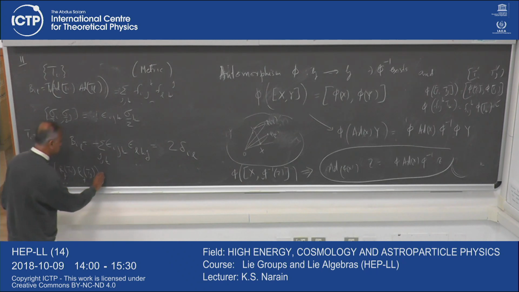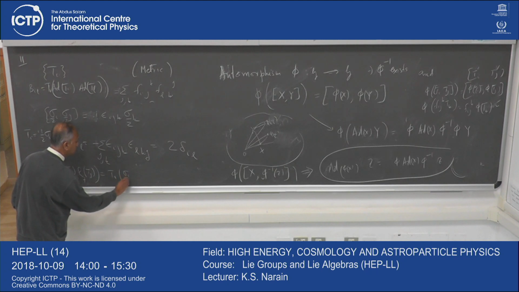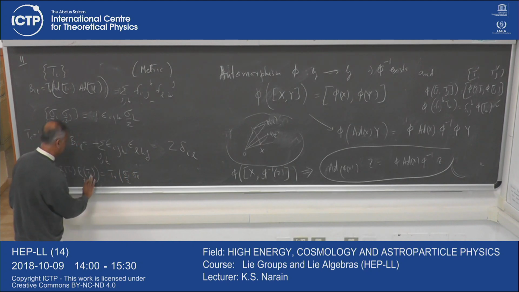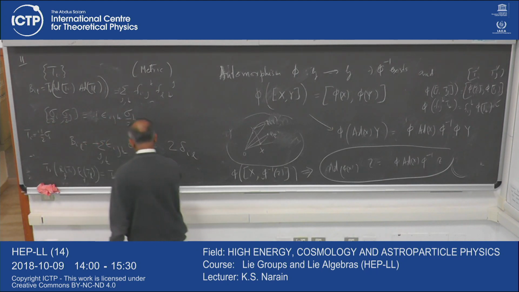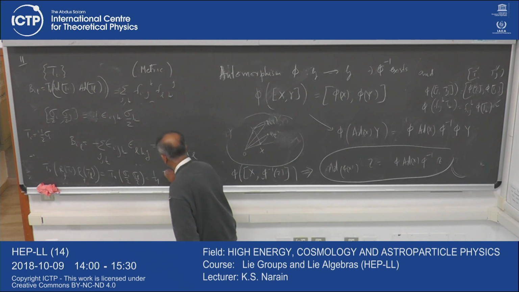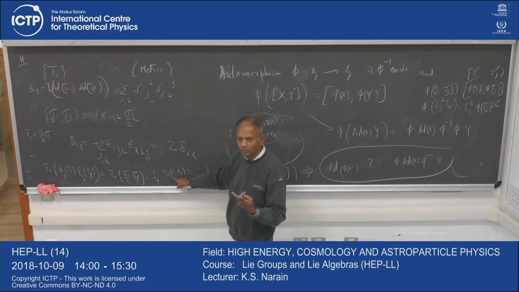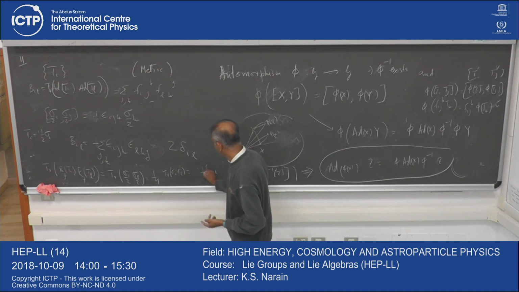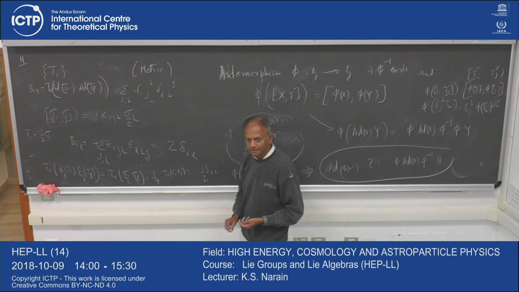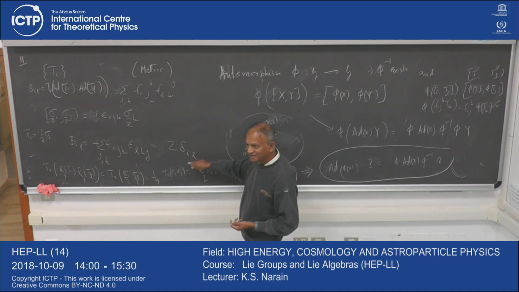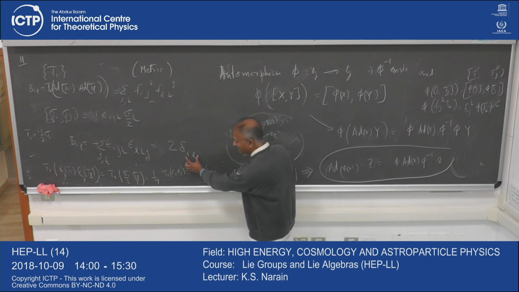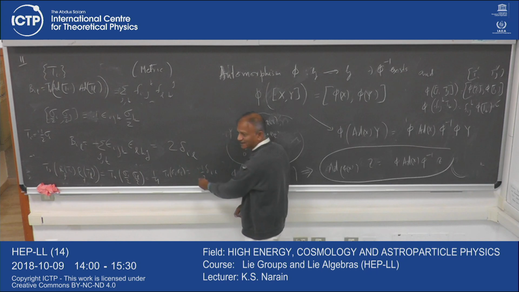So in that case, this is simply the trace of sigma I by 2, sigma L by 2, which is 1/4 trace of sigma I sigma L. It's simply delta IL times identity, but it's a 2 by 2 identity matrix. So the trace is 2. 2 divided by 4 is 1/2. So you see it's proportional to delta IL, that's the important part. Otherwise, this is just a number.